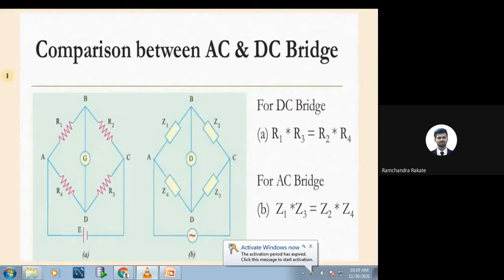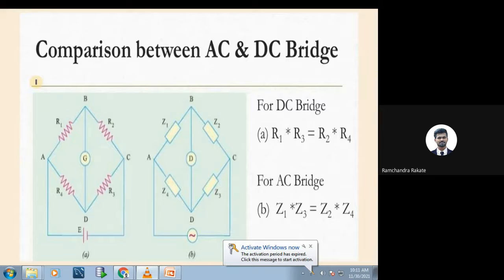We have also described the different detectors, the different sources, and how resistance will be present in terms of AC bridges. So all this prerequisite part we have already covered. Now, as per your curriculum, in AC bridges we have the Maxwell bridge, the Maxwell inductance bridge, and then the Anderson bridge. Let us see all these bridges one by one.